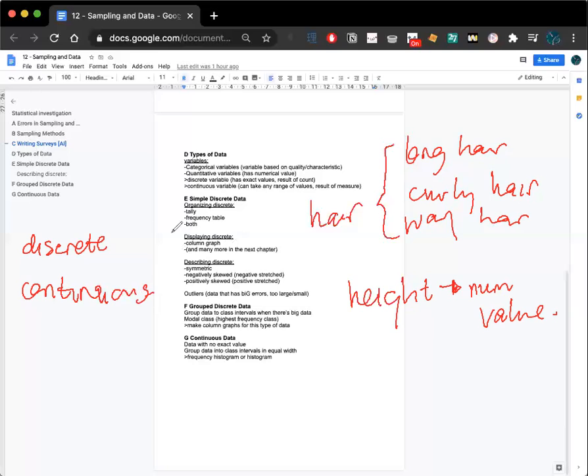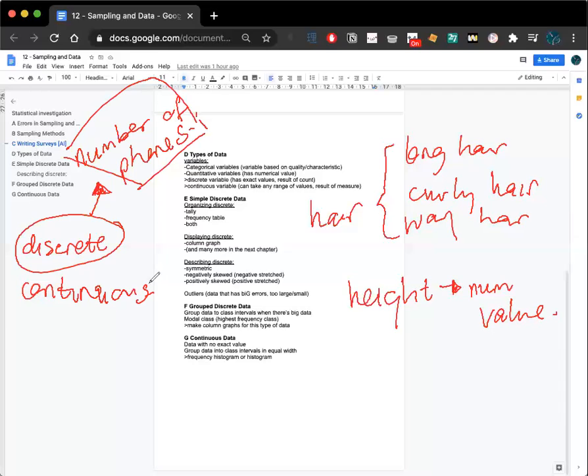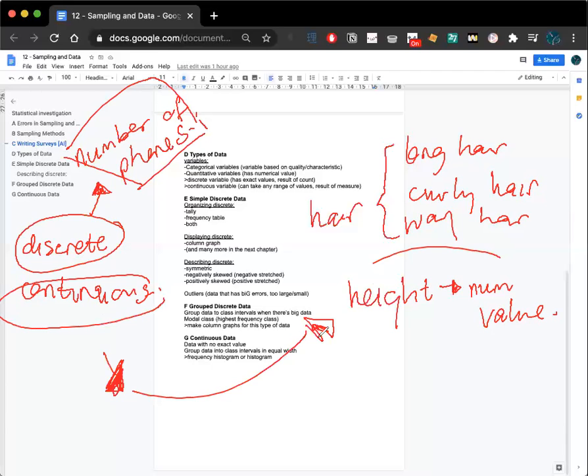The examples of discrete variables would be something like the number of phones someone had during their lifetime. So discrete variables are typically results of counting on something like this, while continuous is more of something that can take any range of values because it's mostly a result of measurement, like your height, or maybe the length of your plant.